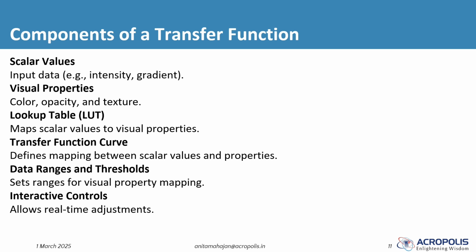Lookup table, LUT, maps scalar values to visual properties. Transfer function curve defines mapping between scalar values and properties. Data ranges and thresholds set ranges for visual property mapping, and interactive controls allow real-time adjustment if any adjustment needs to be done. So we can do it in the transfer function.